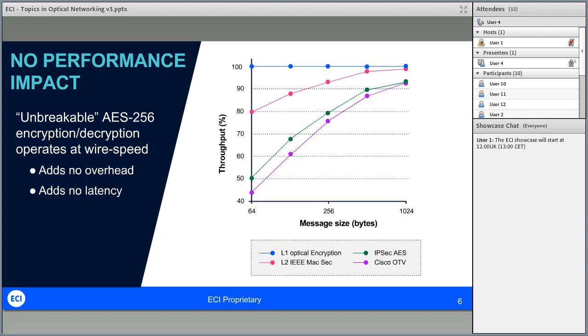It doesn't add any overhead, and it only adds 100 nanoseconds of latency, which is really adding no latency at all. So you can use optical encryption. It adds layers of security to your communications, and it doesn't add any performance cost.